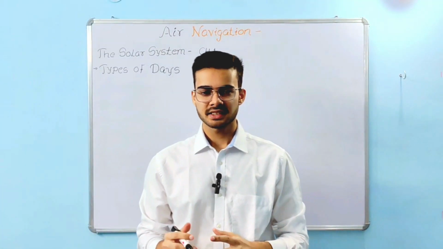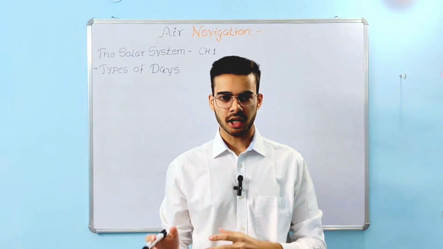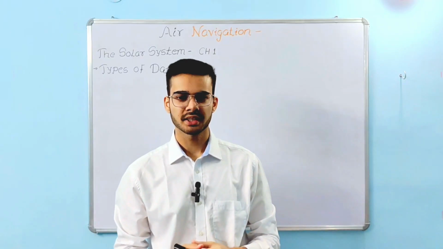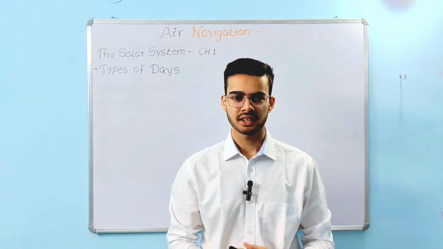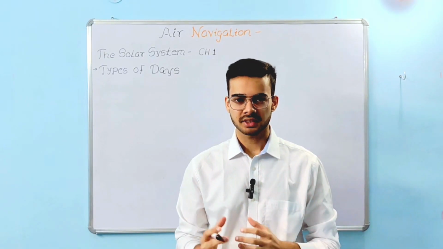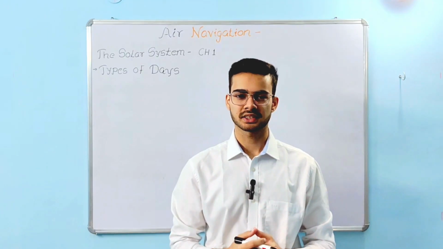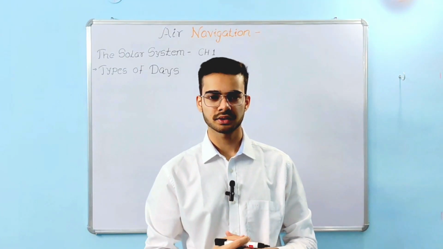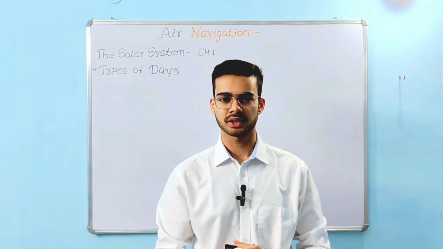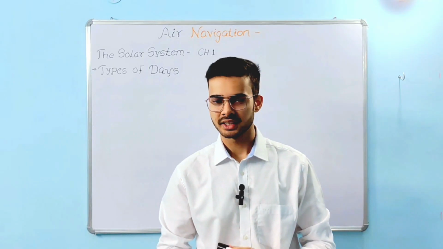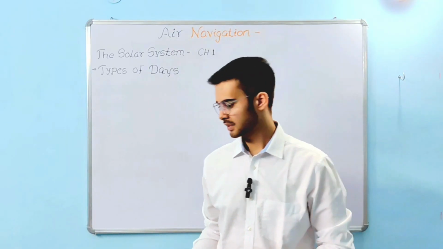So basically there are three types of days: apparent solar day, mean solar day, and sidereal day. We'll start with a diagram, understand what are the differences in it, and in the end I'll write down the definitions and important points so that you can note it down. So let's start with the diagram.